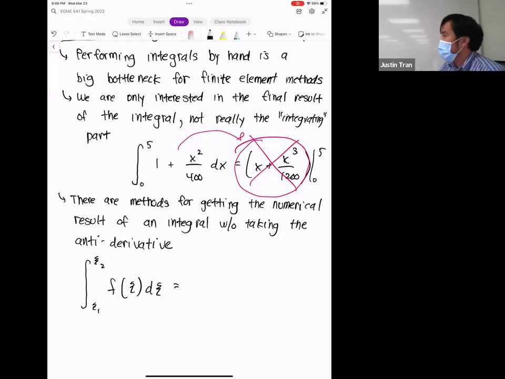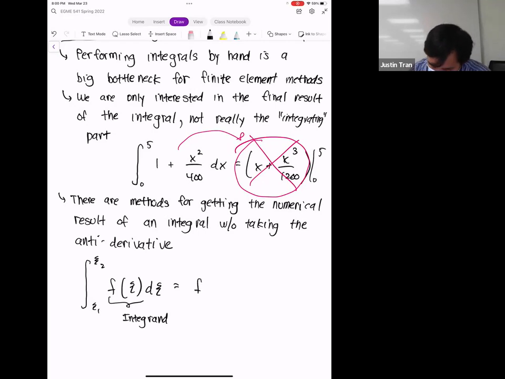So these are zetas, or at least my attempt at drawing zetas. And if you have to take an integral of some function f, instead of taking the antiderivative of f, what we can do instead is take the integrand. The integrand is basically just the function that you're integrating, and you just evaluate it at key locations between the integration bounds.